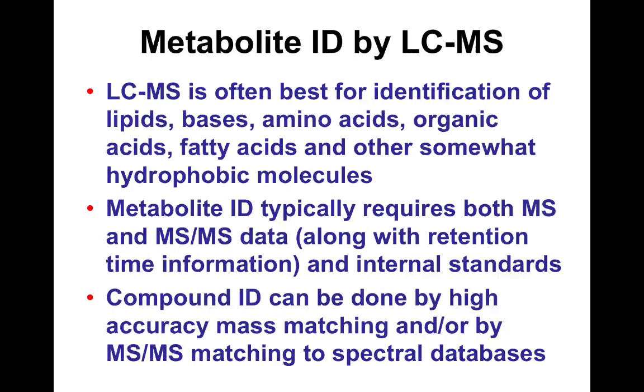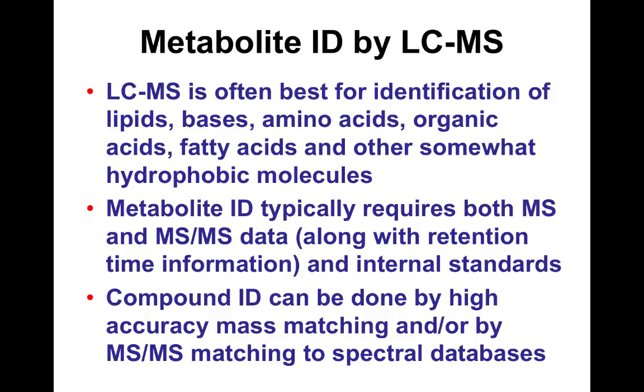Now, we've talked about how NMR is good for hydrophilic compounds and how GCMS is good for acids and in some cases amino acids. LCMS is best for lipids, for fatty acids, and for generally hydrophobic molecules. You can get amino acids, you can get some hydrophilic ones, but not as many. To really do proper identification with LCMS-based metabolomics, you need both the MS, which is the parent mass, and the tandem MS data, along with retention data.